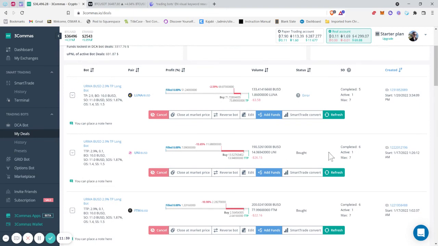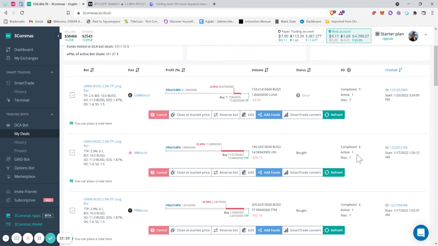So you can see here that Uni has bought about $190 US worth of Uni, and it has completed 6 safety orders. There is 1 more left, maximum is 7. So once it buys this last one, it'll have been about $300. The last safety order is the most expensive, of course. As I said, the amount of US dollars that it buys as it goes down increases.